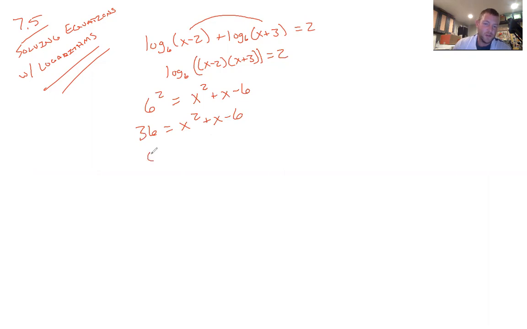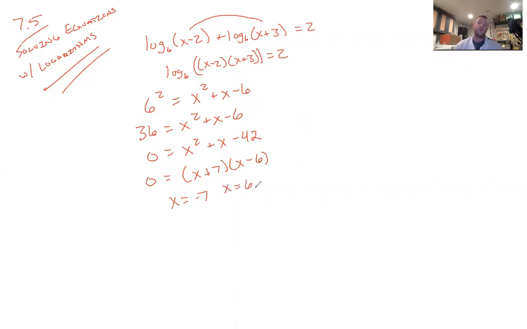Subtract this over to solve: x squared plus x minus 42, since 6 minus 36 is negative 42. And then factor to solve. 0 is equal to x, two numbers that multiply to 42 but add up to 1. That'd be x plus 7 and x minus 6. So my two answers are x equals negative 7 or x equals 6.